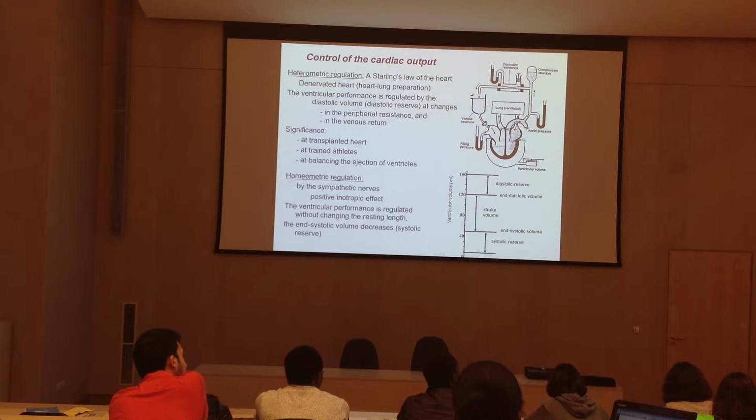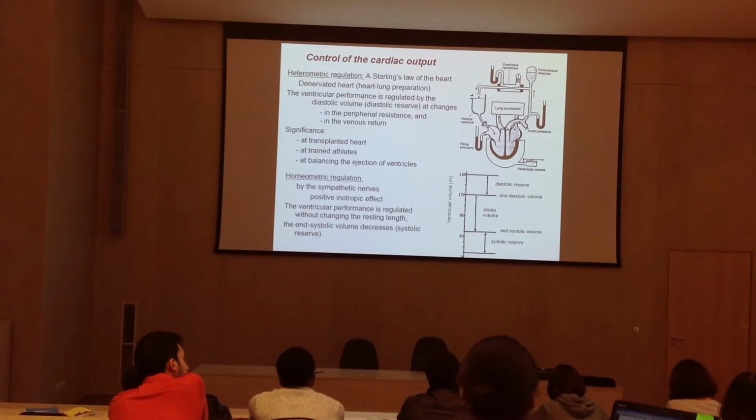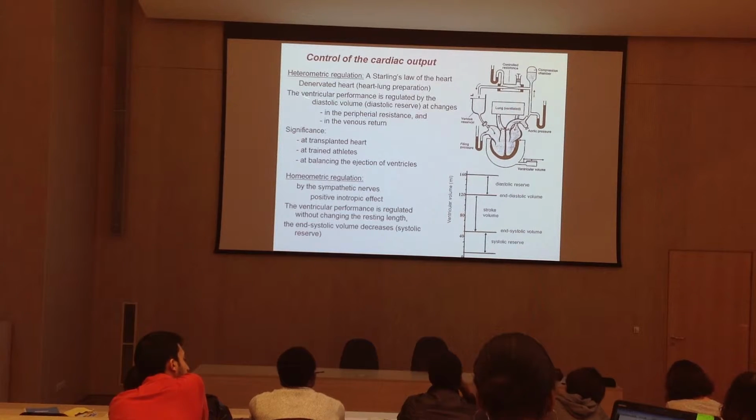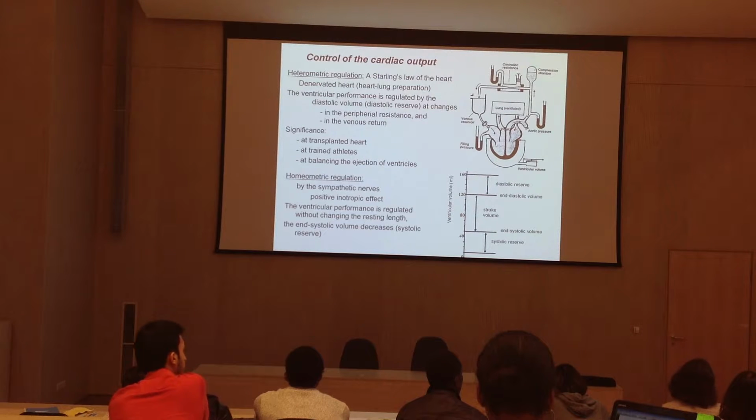But what is the mechanism? If the peripheral resistance is higher, how will the diastolic volume become larger to stretch the fibers? If 70 milliliters are ejected at the systole, but very quickly the peripheral resistance increases, the heart, using the same work, with the same performance, cannot eject the 70 milliliters because the work is not enough.